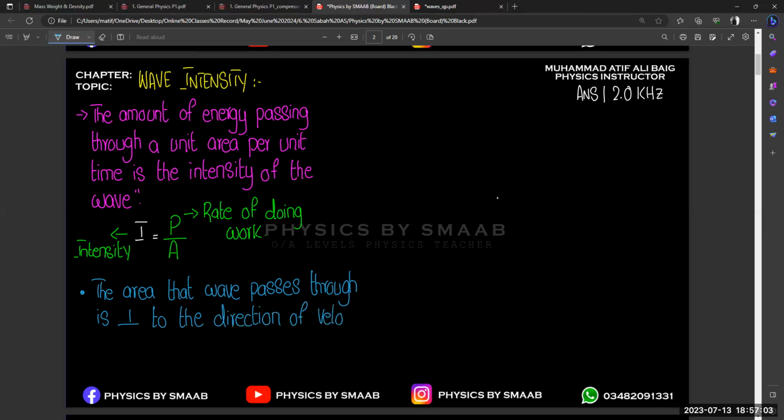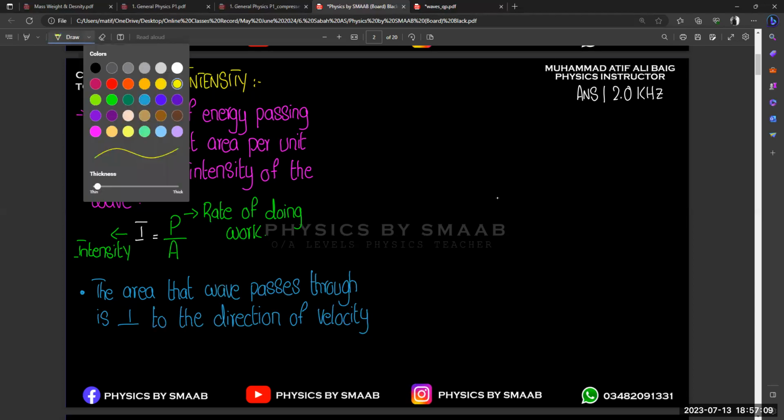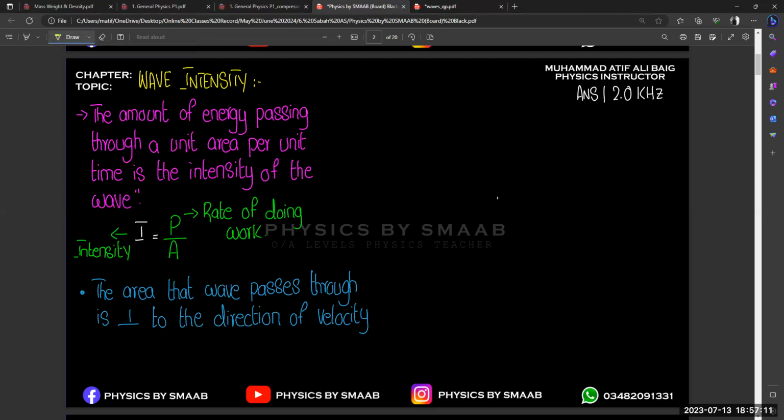Are you getting it? Let's suppose waves are moving in the forward direction, so the area also has to be perpendicular to that. It is just like filling water in a bucket: the surface area is in one form and the water is flowing in a different direction, so both are perpendicular, right?